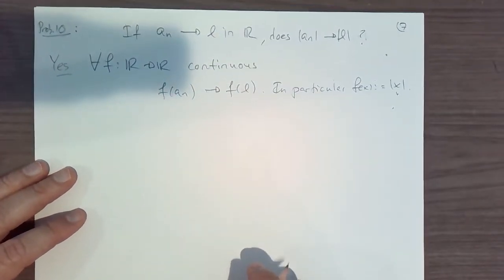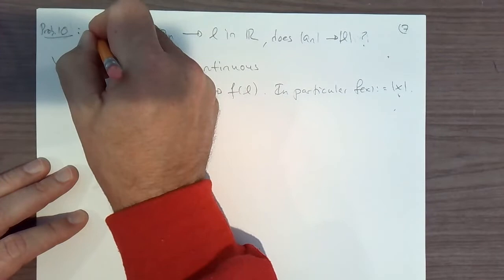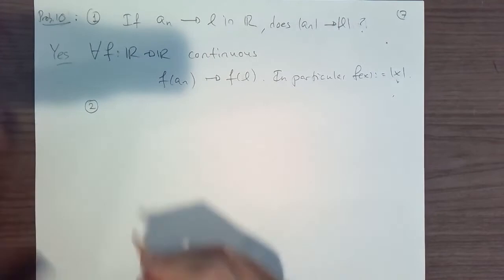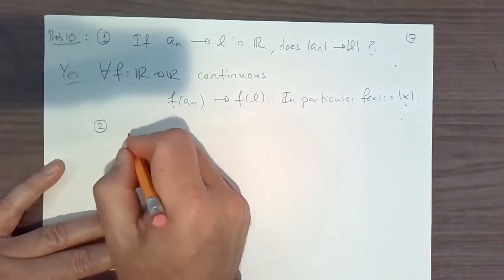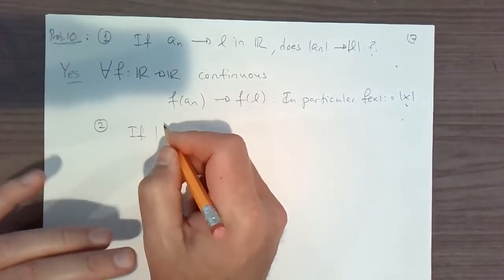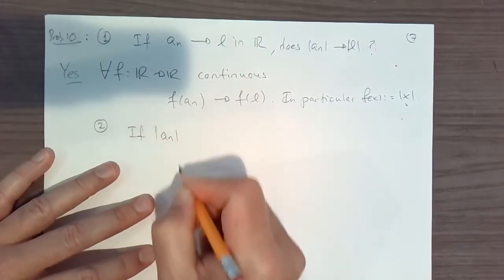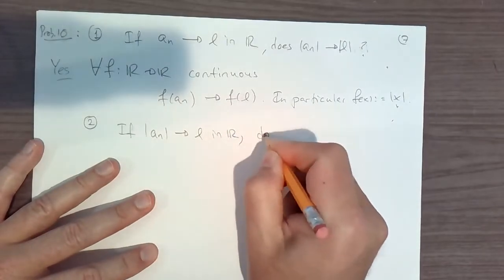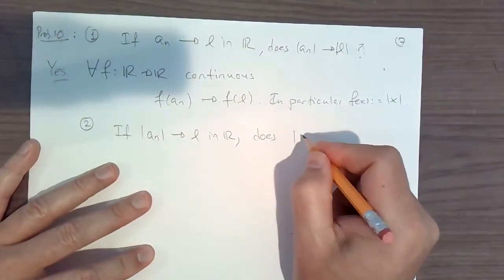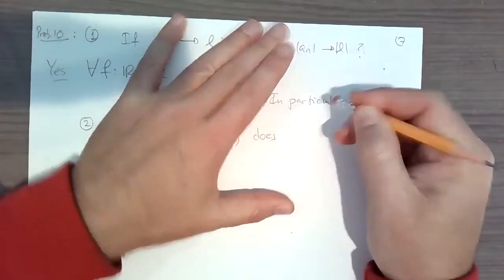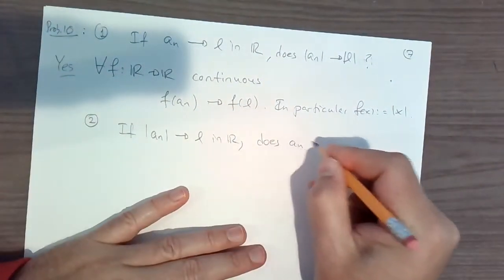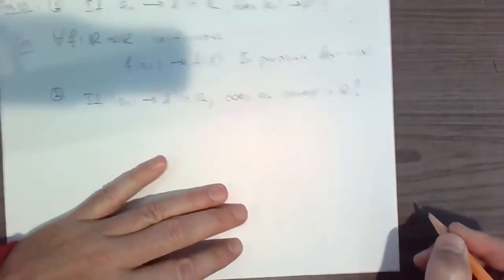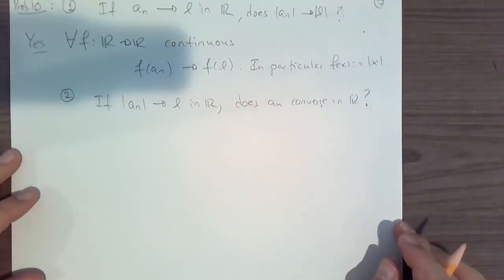What about the other way around? This was number 1. Let's do number 2. If I put absolute values in the other place, what happens then? So if the absolute value converges, does a_n converge?